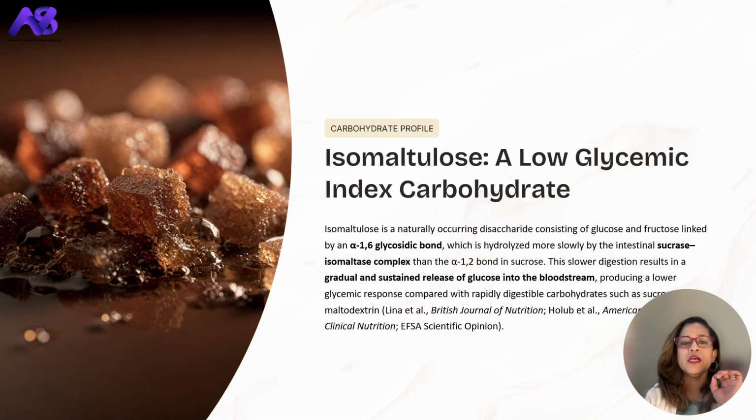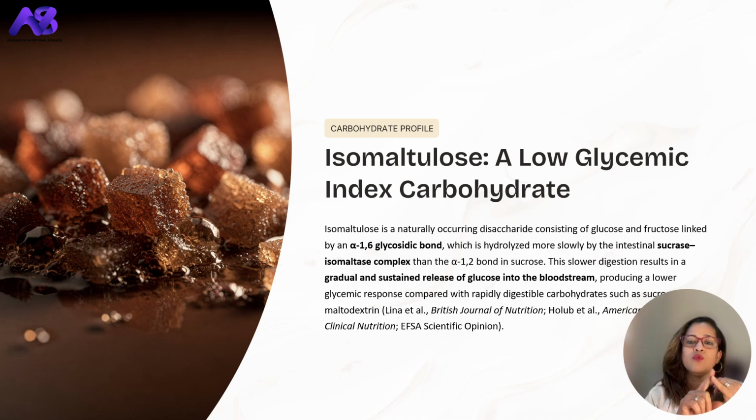When you talk about the source of carbohydrates, there are many sources of carbohydrates. The most common one observed on the medical nutrition therapy boxes that we see is isomaltulose. Okay, we know that it is a disaccharide.